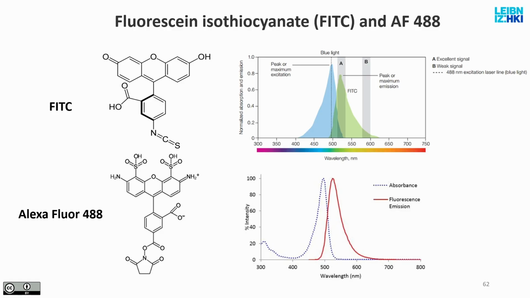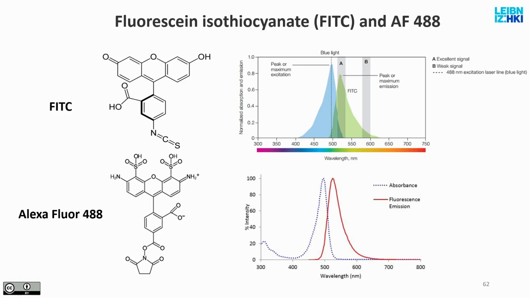Now, what do I do with the emitted photons? What color comes out of this one? Well, because of the energy loss, they will be towards the green side of the spectrum. You will not get blue photons out of blue excitation, you will get green photons out. But because of the many transitions, it's also a spectrum.